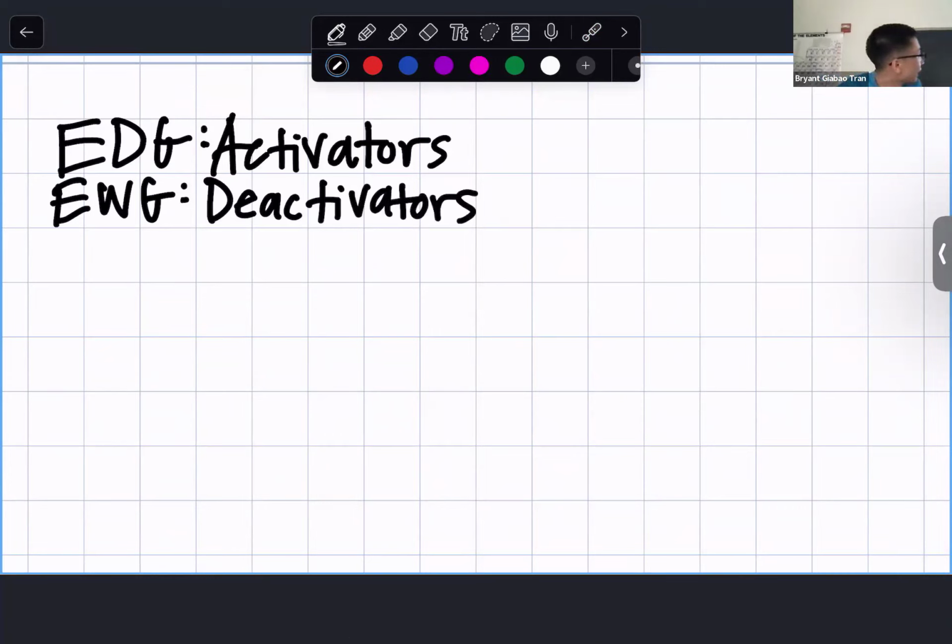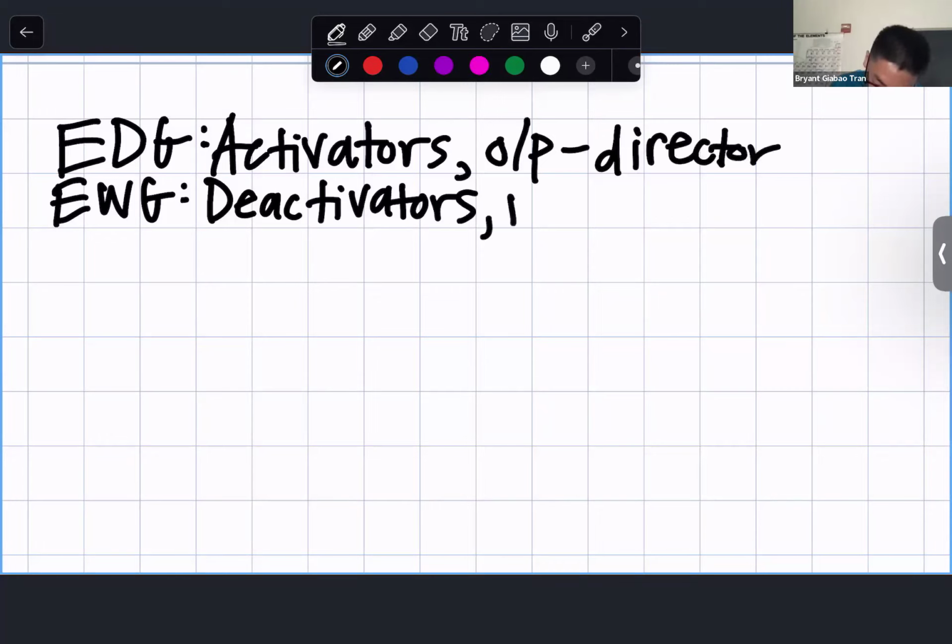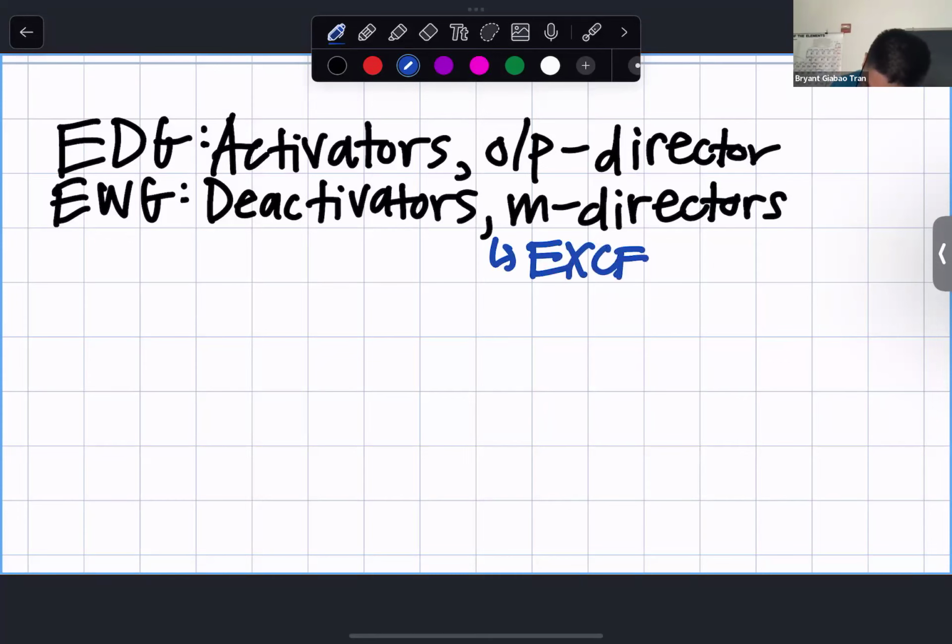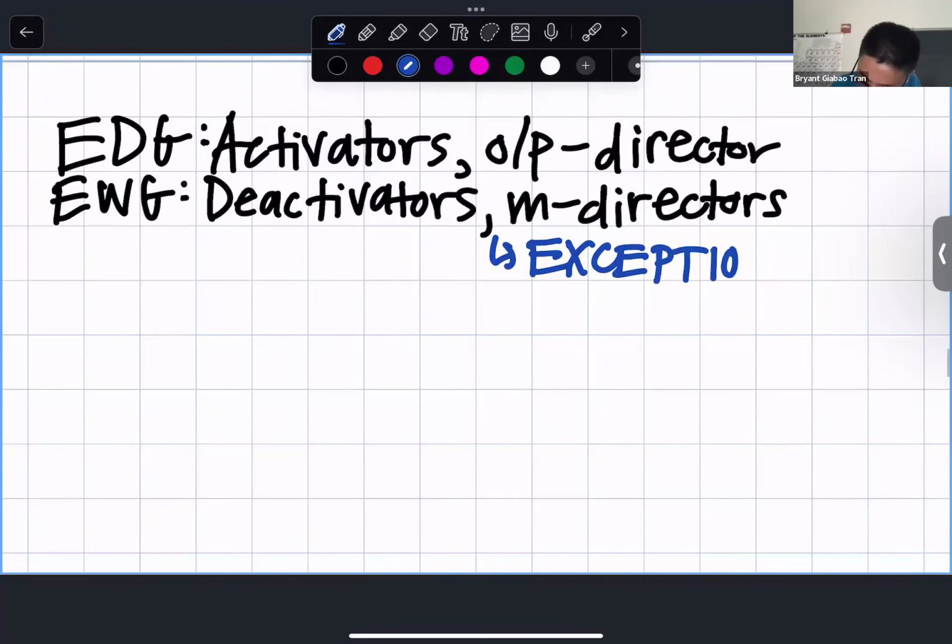So another thing is that EDGs are ortho-para directors, and I'm going to explain this through resonance. And EWGs are meta-directors, with one exception, which are the halogens, right?